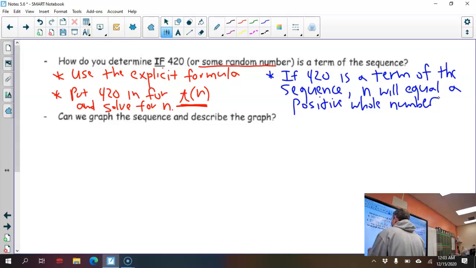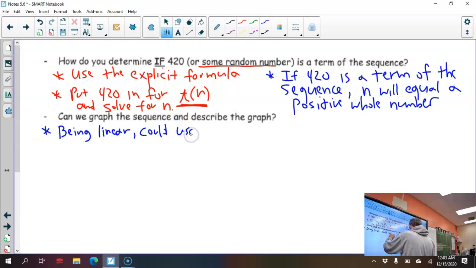All right, so here's something for you. Being linear, you could use the slope and y-intercept, right?